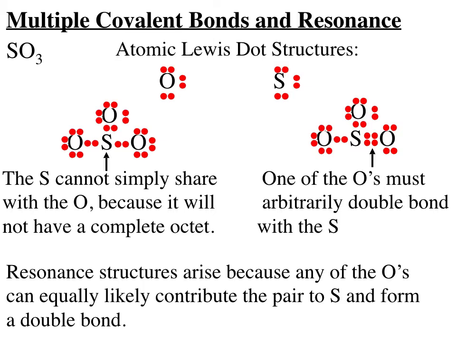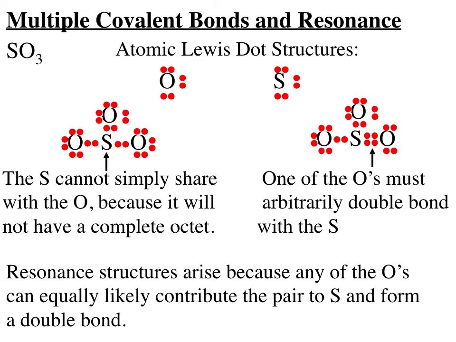Because electrons must maintain pairing in order to be spin up and spin down so that their repulsions are minimized. So what happens in convention is that since S needs 2 more electrons, one of the O's decides it will be the nice guy and put a pair of electrons into the S.